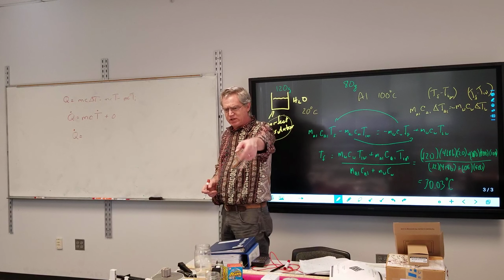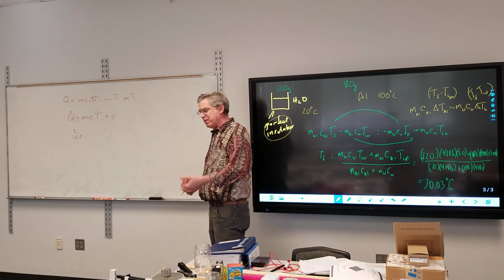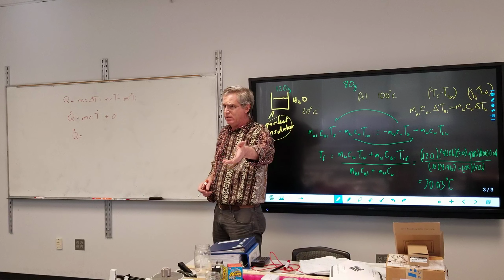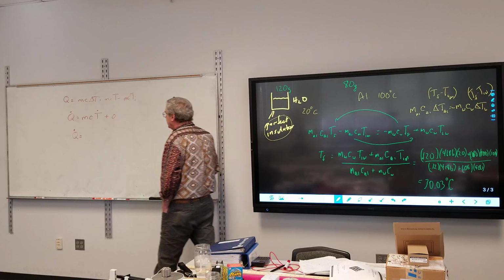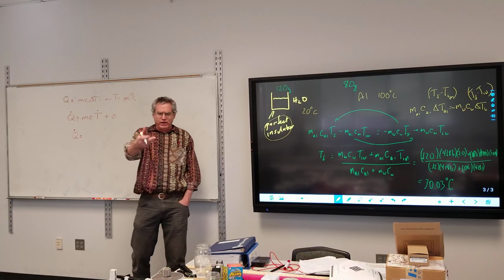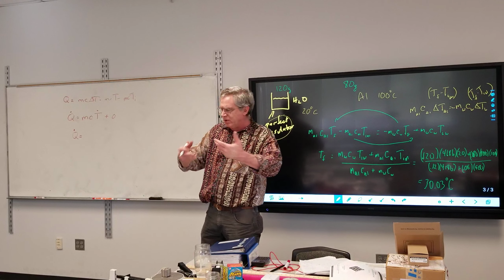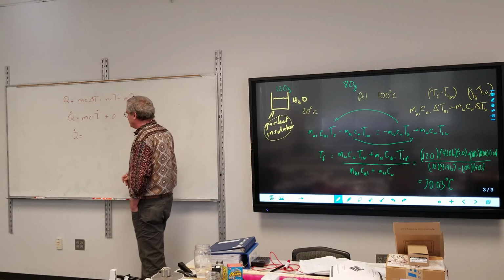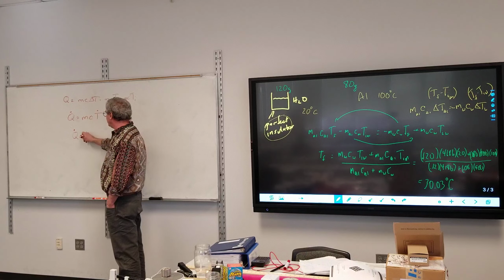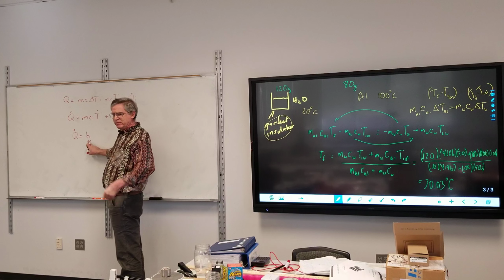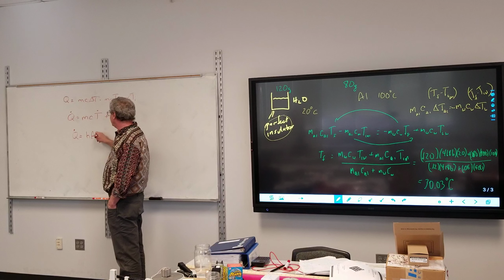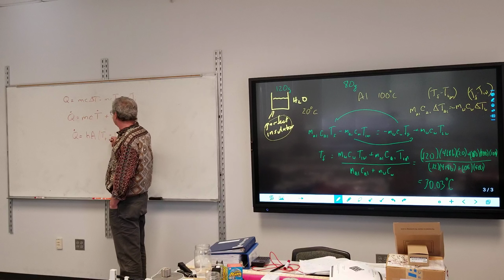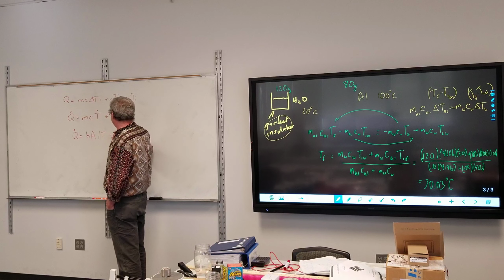When I have some heat exchange between the probe and the air around it, it depends upon what the material of the probe is. How quickly does it give up energy? How quickly does it take in energy? It depends on the surface area of the probe, because we have air hitting it from all sides. And it depends on the change in temperature. So this is also equal to some constant that is specific to the material times the area times the temperature minus the initial temperature.